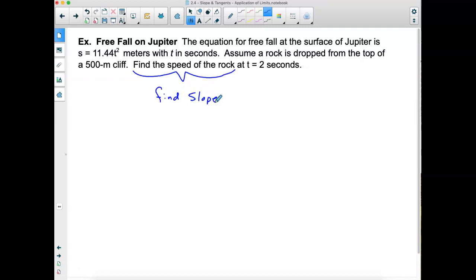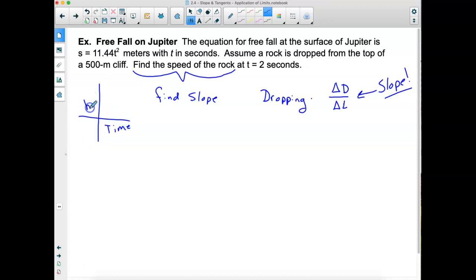Because if a rock is dropping, isn't its speed change in distance over change in time, which is slope when I graph this position model, because I'm going to have time and height. So I'm going to find a change in height over a change in time.